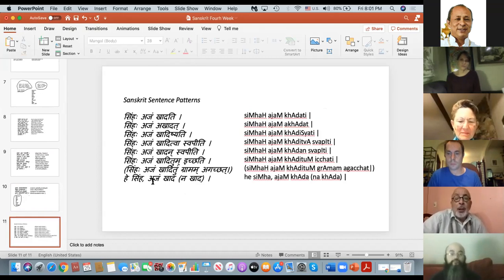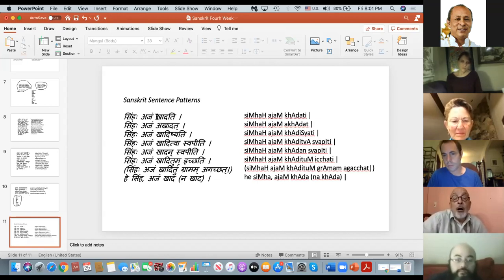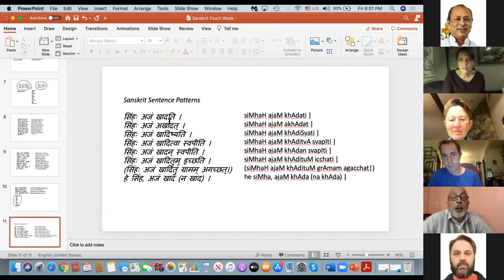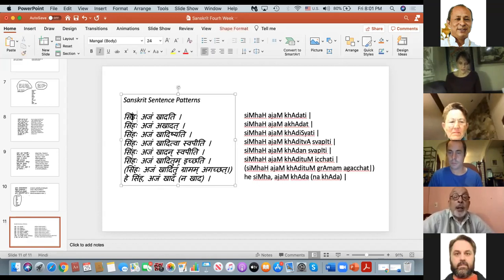What I mean is like this: Simha ajam khadati. The lion eats a goat. Lion eats goat. Khadati means eats. Subject, object, verb.